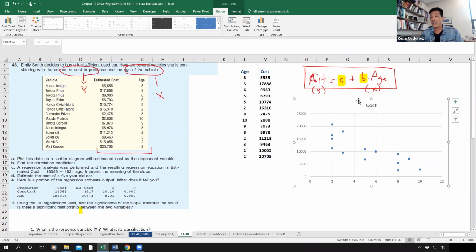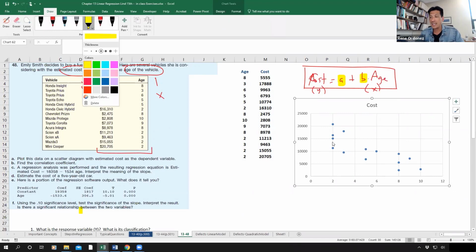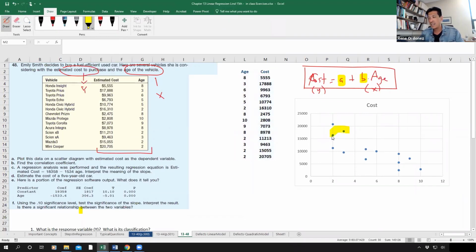So based on this scatter plot, we can readily see that there appears to be a somewhat negative association between the cost of the vehicle and its age. In fact, maybe this relationship can be approximated by a linear model. Okay?